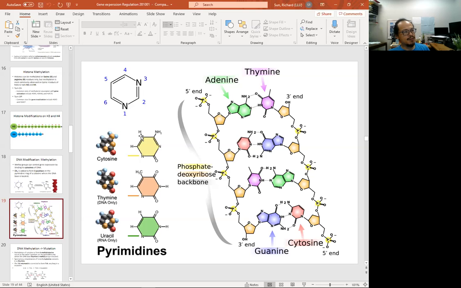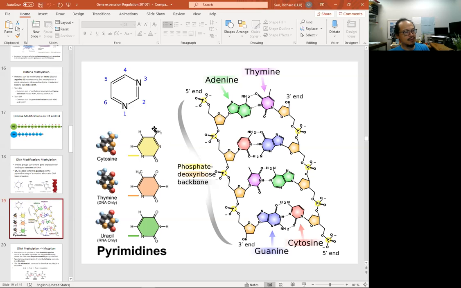Now, if we put a methyl group on it, it will be a CH3 here, right? And then we must know that cytosine, this NH2 group, has the tendency to become deaminated, because this bonding is not very strong. This NH2 can leave or come back.